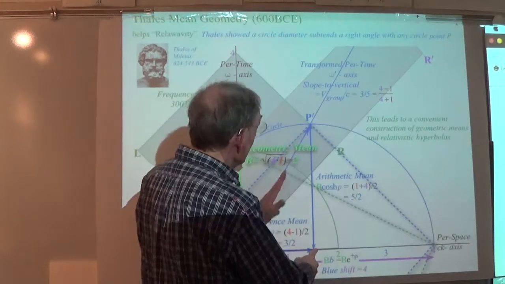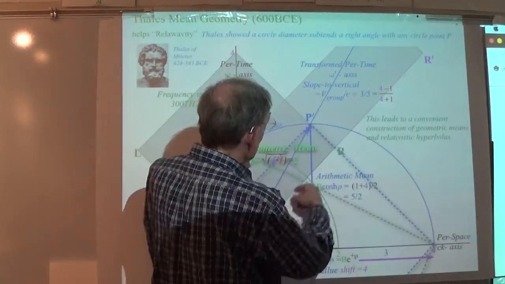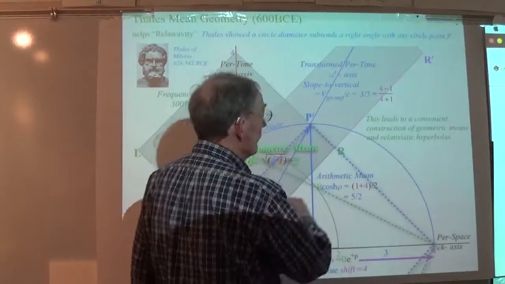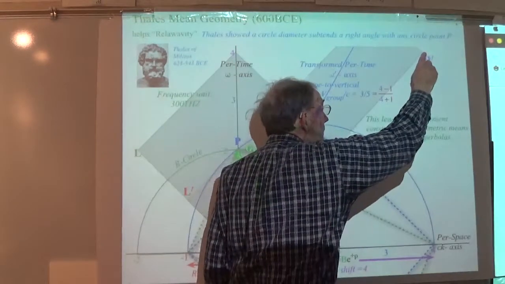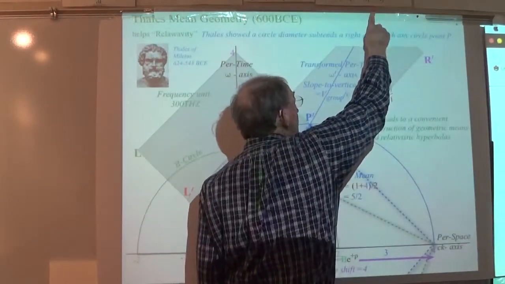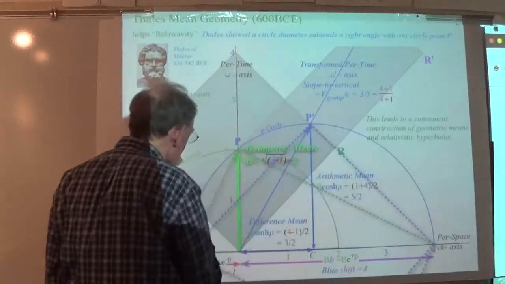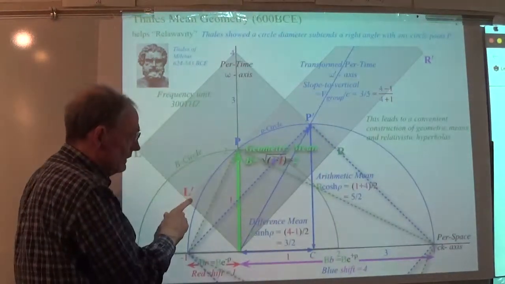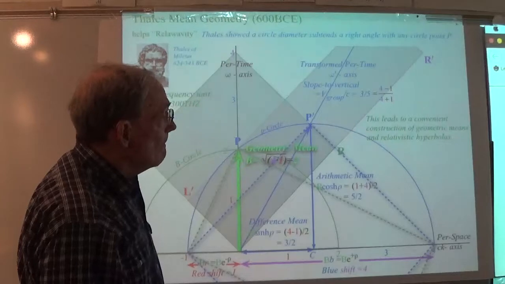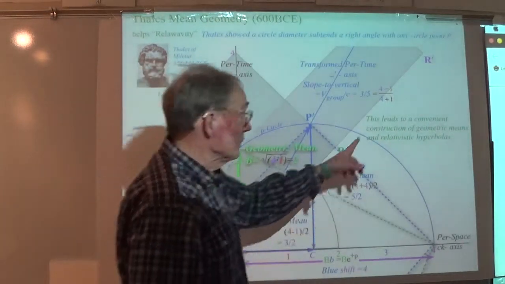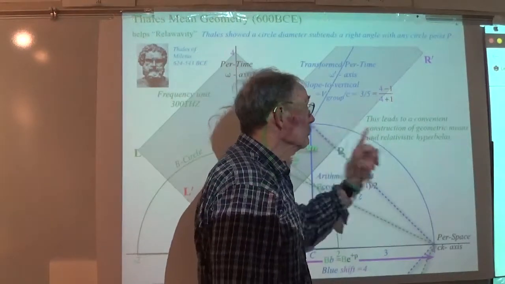And the line that's there is right on that rectangle that is the baseball diamond with its massively long first base, a very short second, and then back down here to third base, which is the left laser. Cool? Now this leads to a convenient construction of something that's really important.